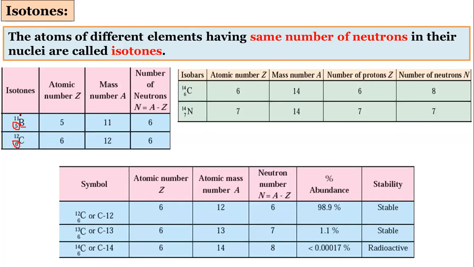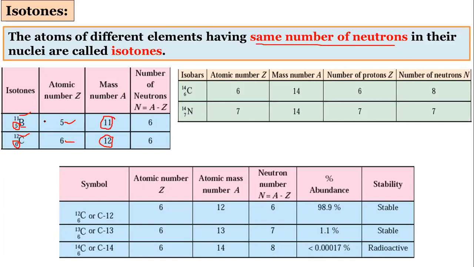So its mass number is different. But what is the definition? These are different elements having the same number of neutrons. Neutrons should be same. In case of boron, the protons are 5, in case of carbon, the protons are 6. See here, the mass number is 11. Mass number is the total of proton plus neutron.